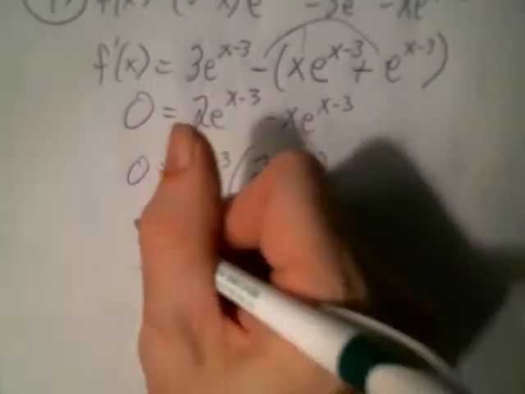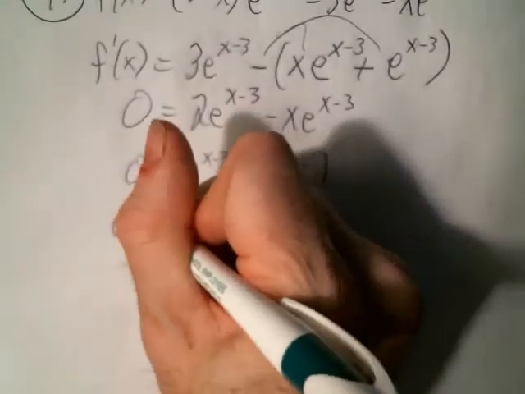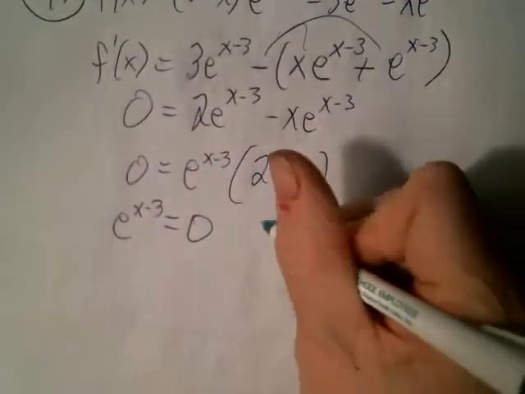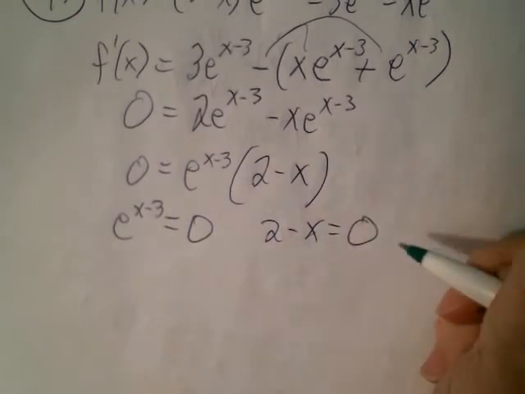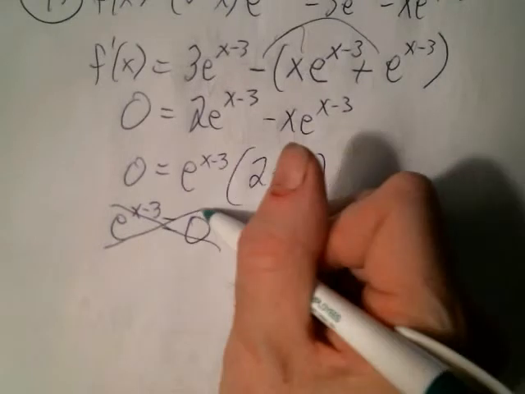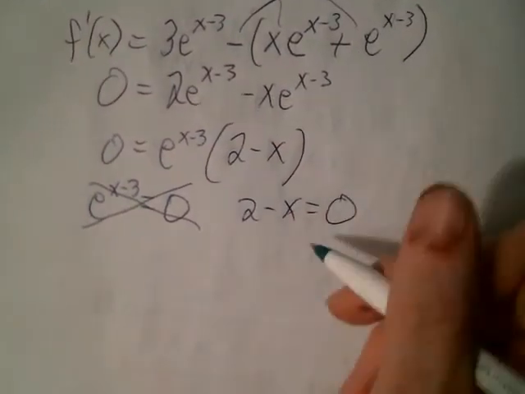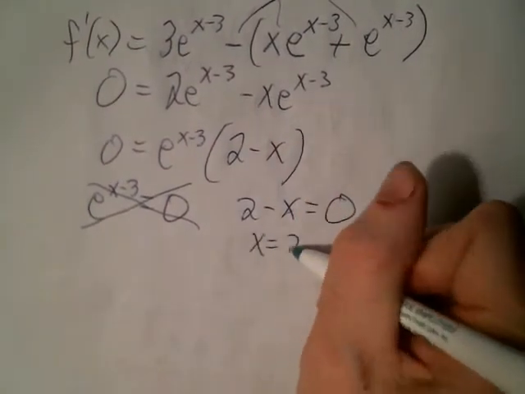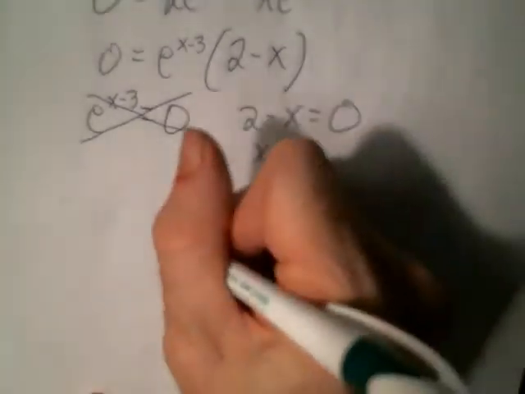Exponentials will never equal 0. So you're setting each part equal to 0 to solve for the zeros. This part won't give you any information. E to any power is not equal to 0. So I go to this guy, x equals 2 is my only critical number.